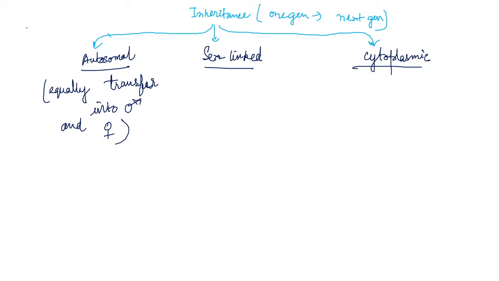The characters which you get from your body or the somatic cells, right? So somatic cells, you get some characters from your somatic cells. That type of inheritance is known as autosomal inheritance. Sex-linked inheritance is of 2 type, right? Again of 2 type. So I'm coming with this. One second.